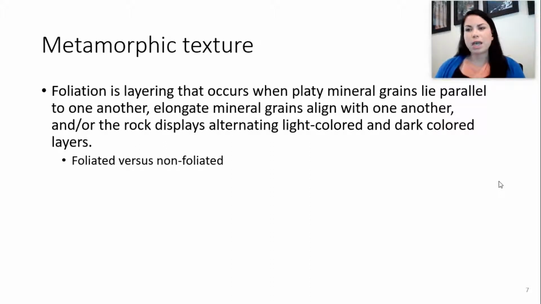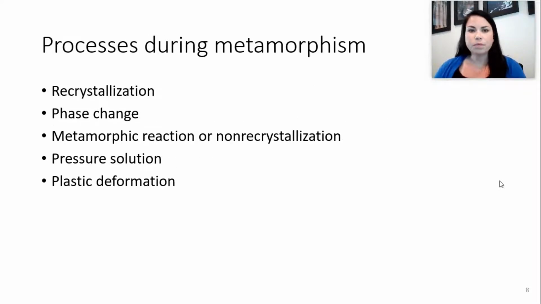So foliation, again, is referring to these layers that occur within a metamorphic rock. And of course, we have metamorphic rocks that are not foliated. We're going to talk about foliation versus non-foliation a little bit later in the lecture.